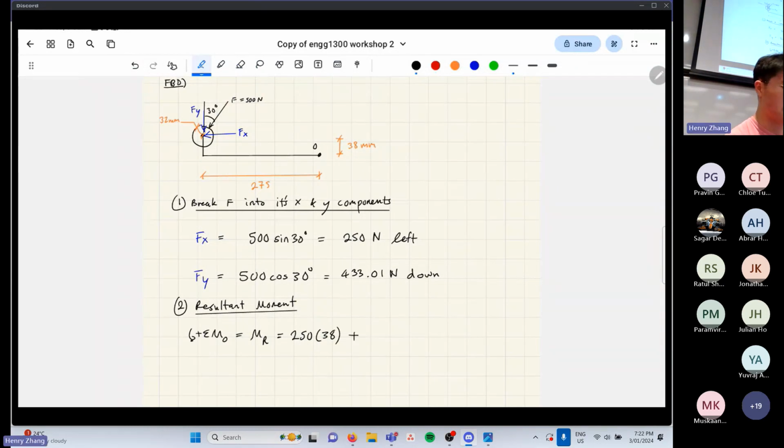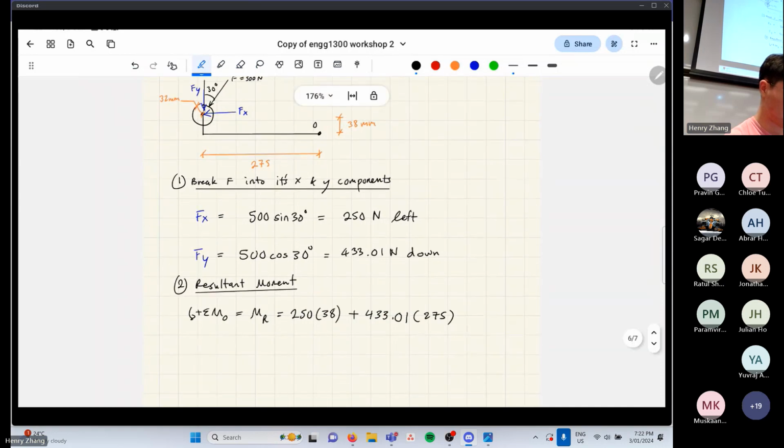And then the Fy is also going to cause a counterclockwise spin, so we leave it as positive, and its lever arm is 275 mil. This gives us this, in newton millimeters.